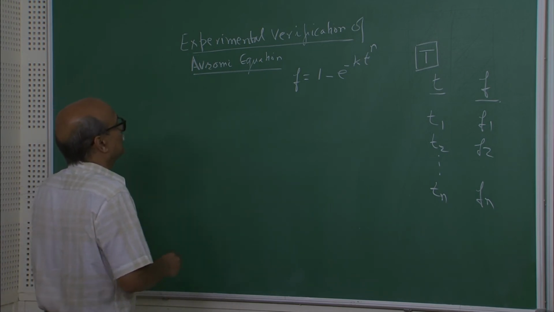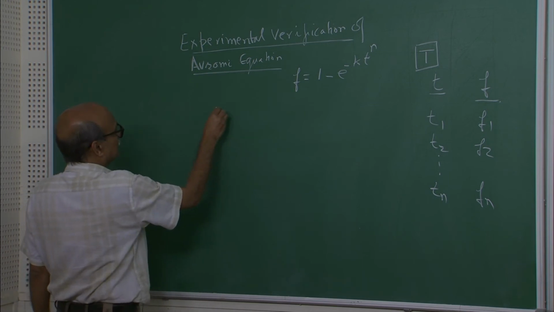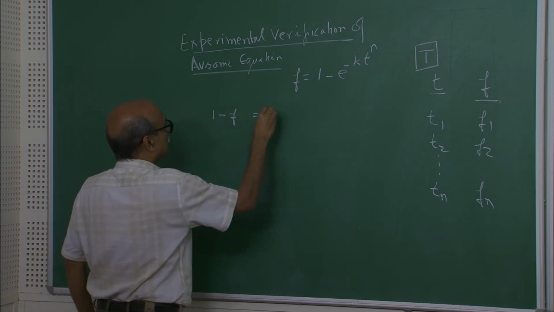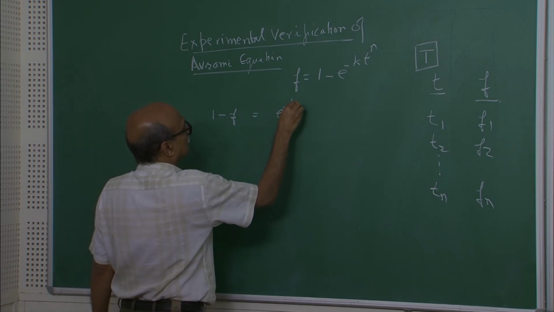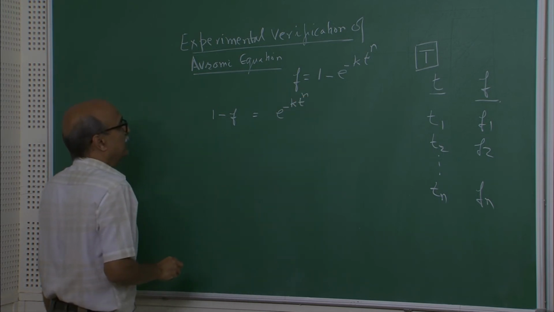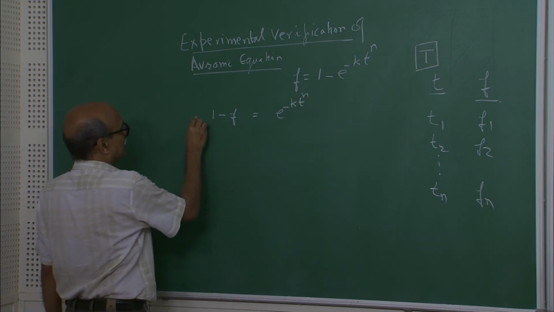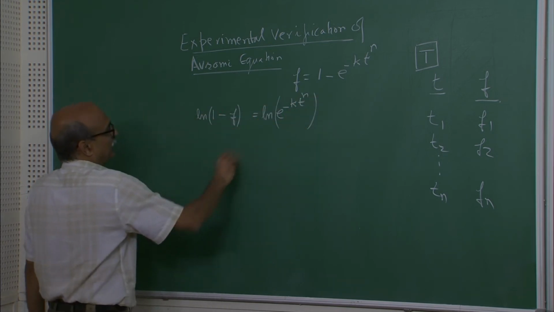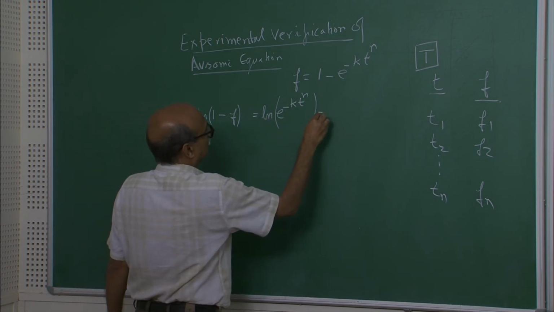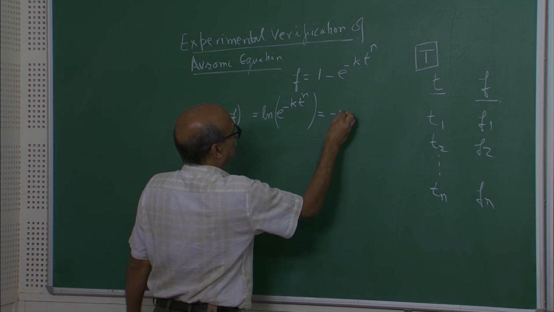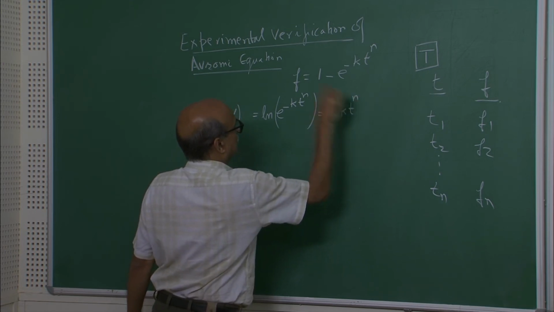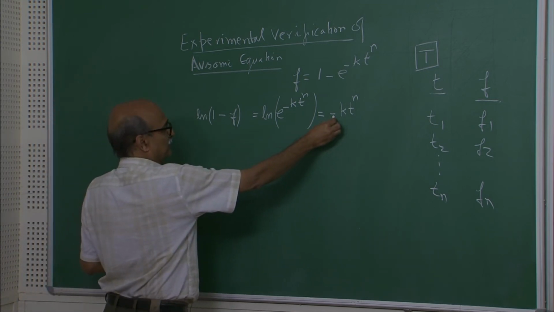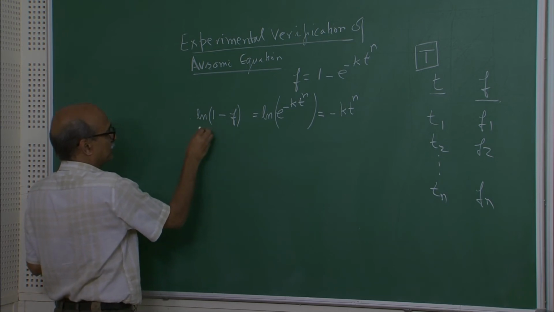In order to linearize this equation, let us rearrange it in this fashion: 1 minus f equals e to the power minus k t to the power n, and then take logs on both sides. Taking the log of this would be equivalent to writing this term as minus k t to the power n. Now, what I do is bring this negative sign on this side.